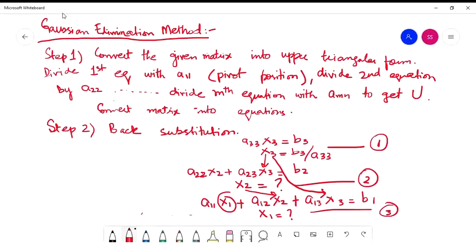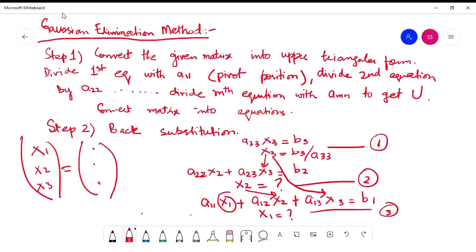Now your solution set x1, x2, x3 will be the first value, second value, and third value. So this is the basic procedure of the Gauss elimination method.